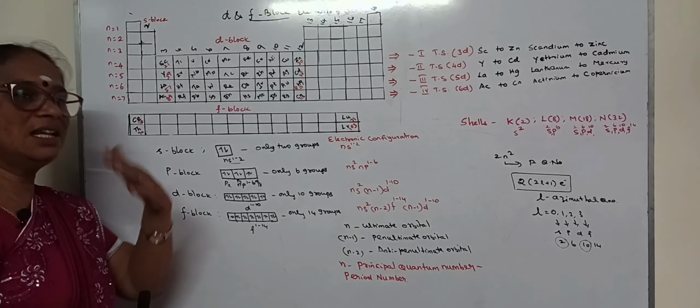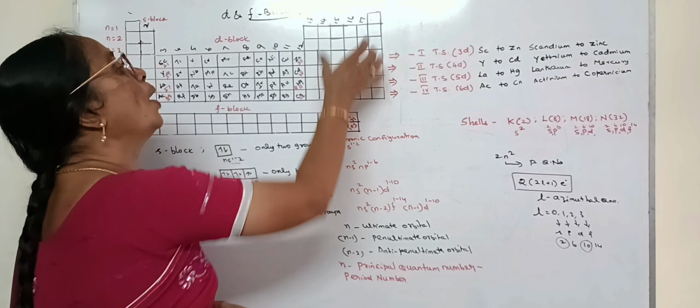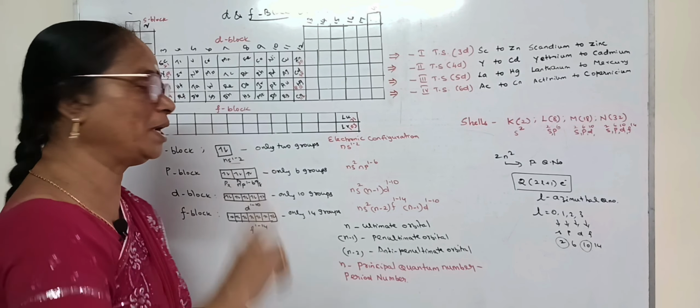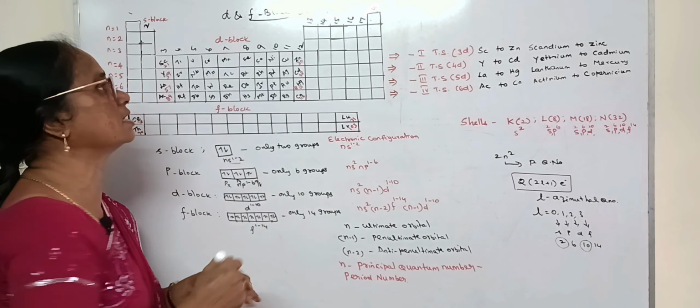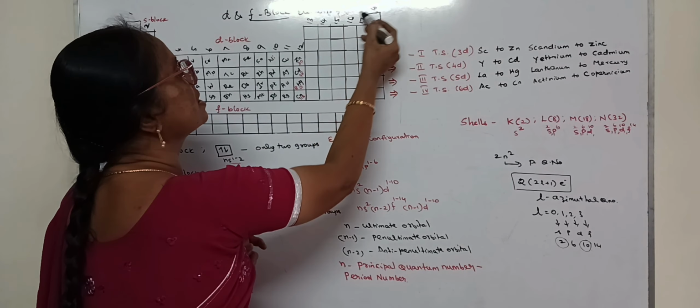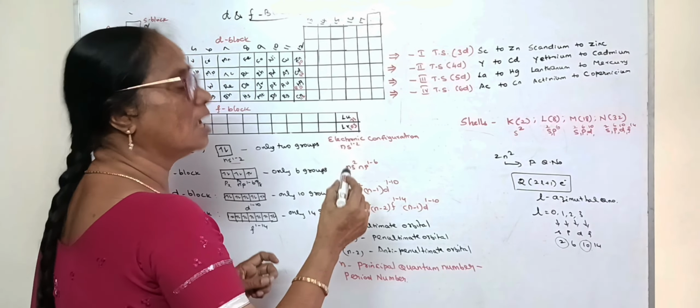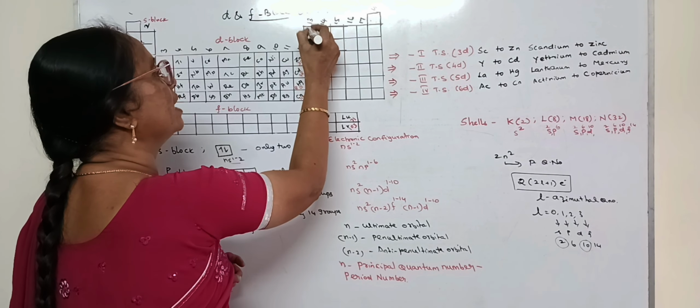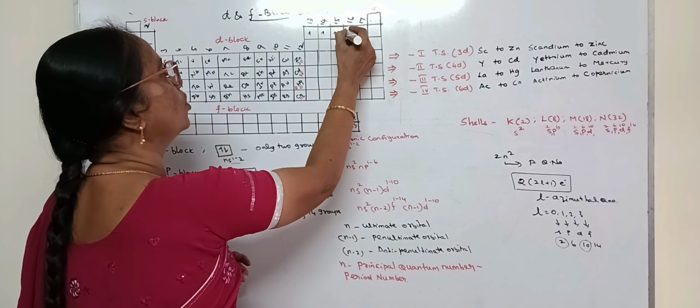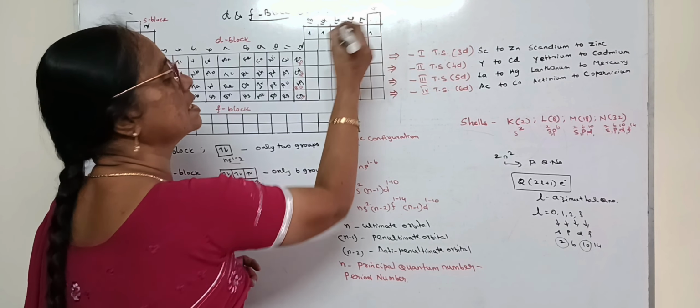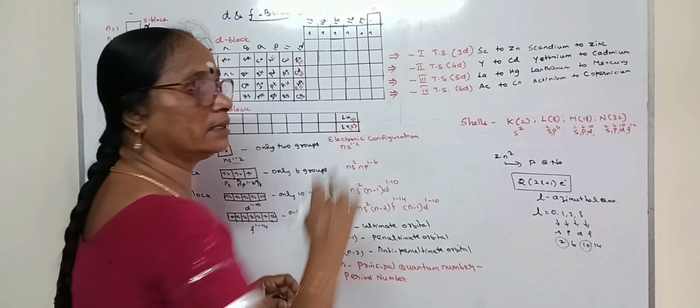If the electron enters the p orbital, which has 1 to 6 electrons, there are 6 groups, 13 to 18. The first orientation, second orientation, third, fourth, fifth, sixth; it proceeds like that.